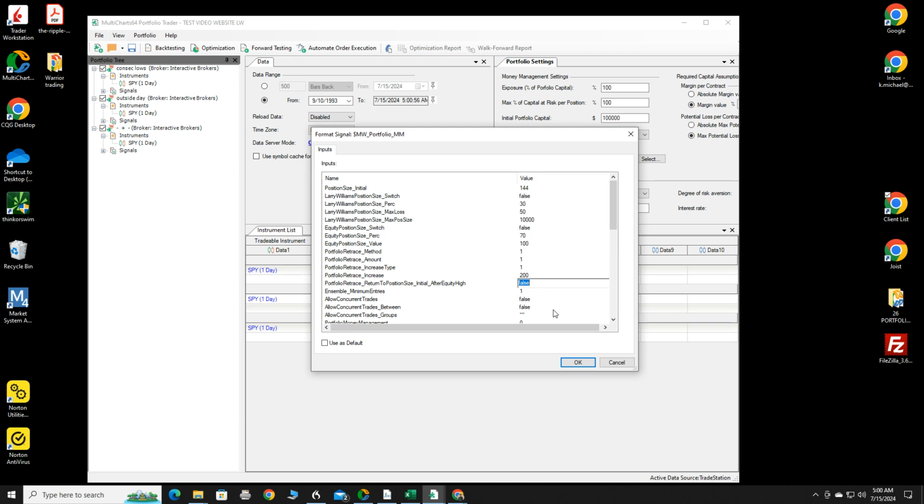What this does is take advantage of equity drawdowns of 1%. It will increase your position size by 200%. And once we achieve an equity high in the account, on capital in the account, on returns, we'll then revert all the way back to our base position.